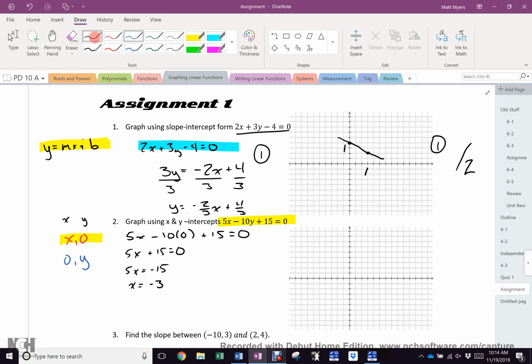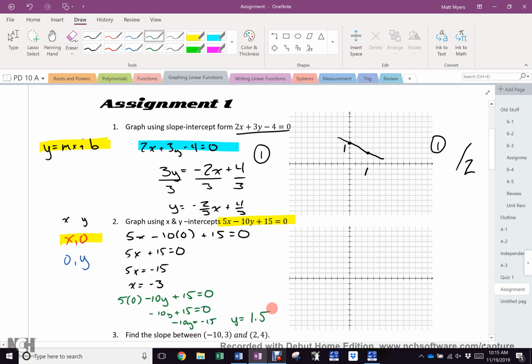Then you're going to do the same thing with this. You're going to substitute in 5 times 0 minus 10y plus 15 equals 0, minus 10y equals minus 15, y equals positive 1.5.